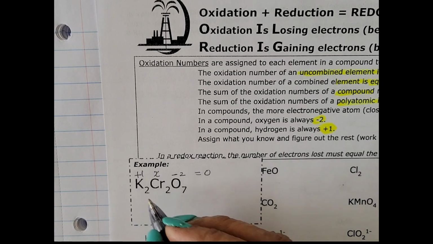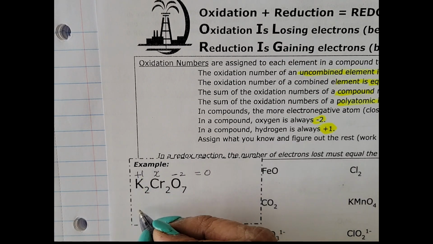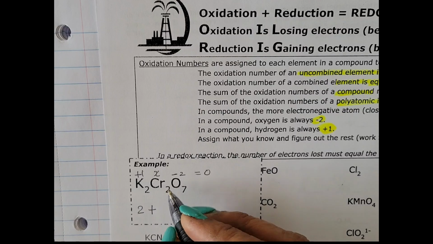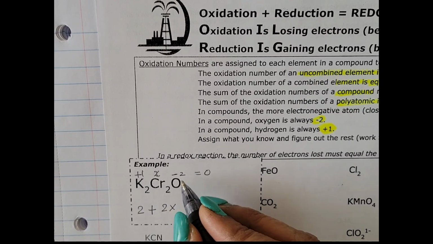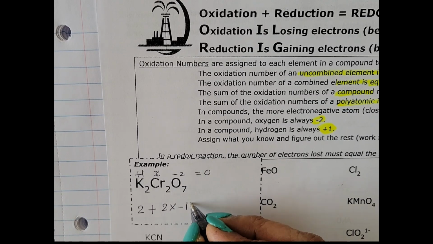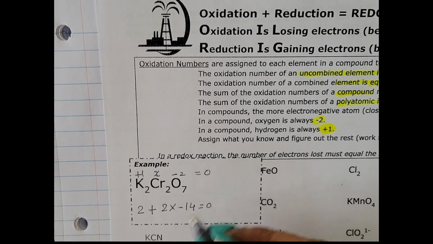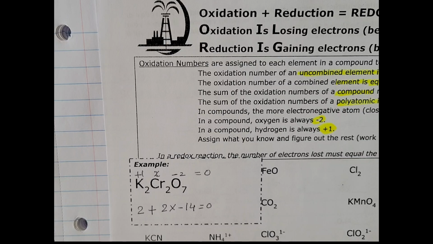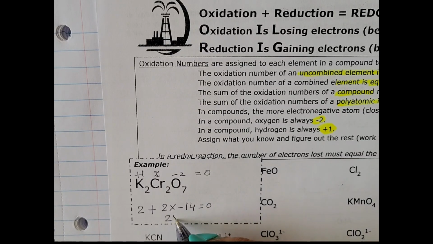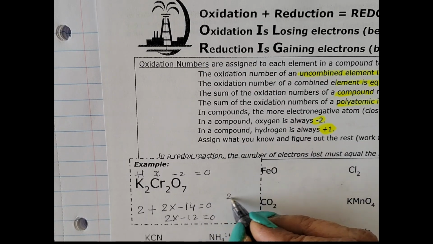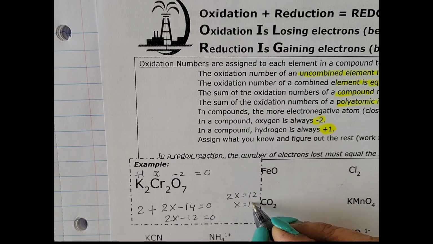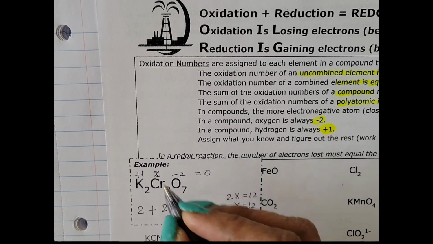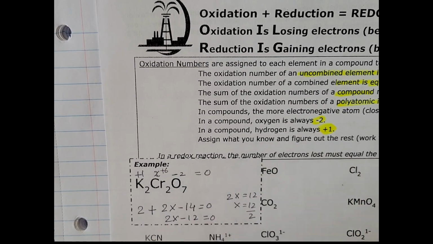So make an algebraic equation. 2 times 1, it is 2. 2 times X is 2X. 7 times minus 2 is minus 14 equal to 0. So 2X minus 12 equal to 0. 2X equal to 12. So X will be what? 6. That will be plus 6.